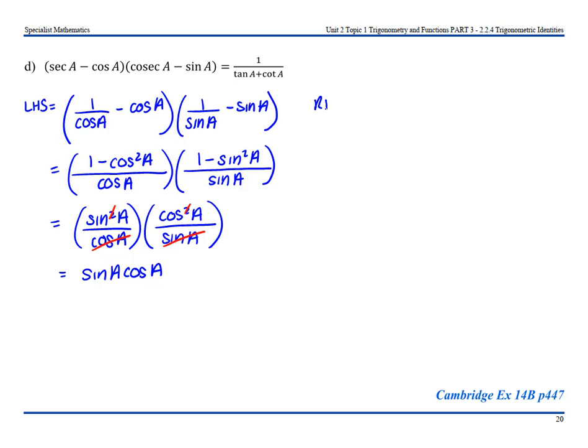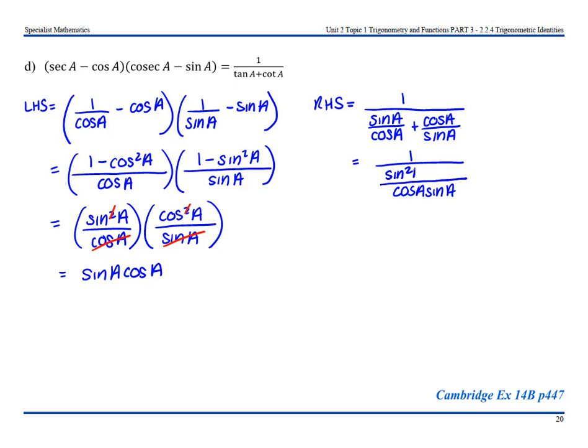So let's go and play with the right-hand side. Whenever I have tan and cot, I want to go to sine and cos. So sine A over cos A is tan. Cot is cos A over sine A. Get a common denominator, which is going to be cos A sine A. So that's going to be sine squared A plus cos squared A. We know that's equal to 1.